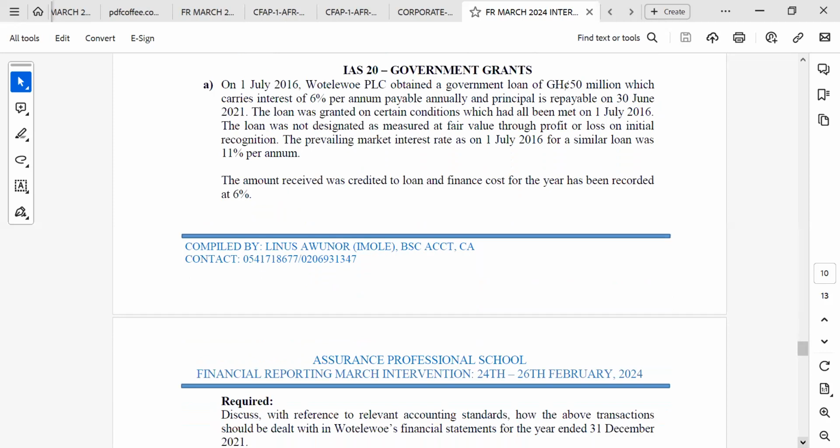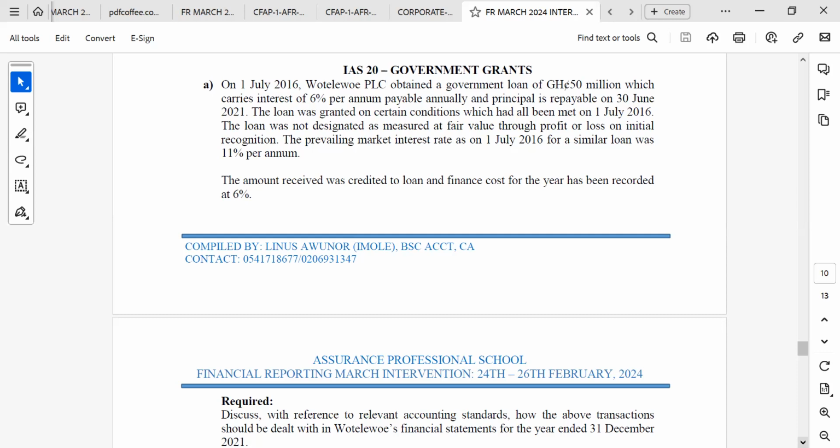On 1 July 2016, Wotelewe PLC obtained a government loan of 50 million, which carries interest of 6% per annum, payable annually, and the principal is repayable on 30 June 2021. The loan was granted on certain conditions which had all been met on 1 July 2016.